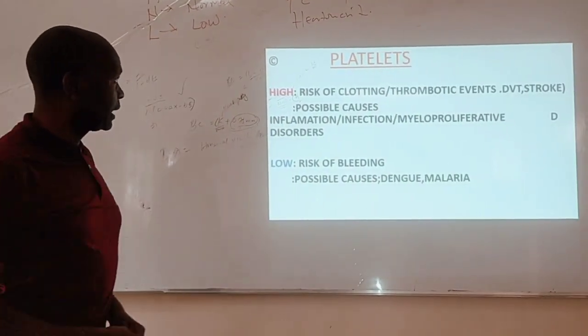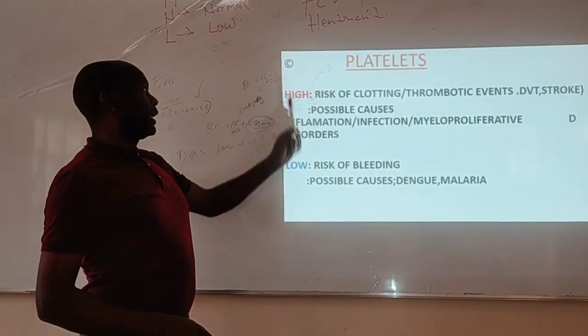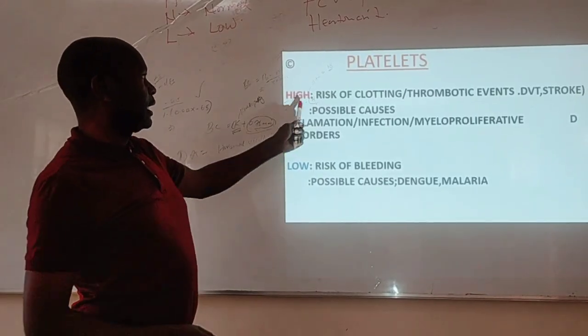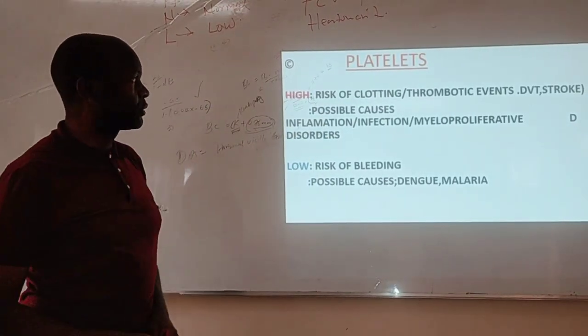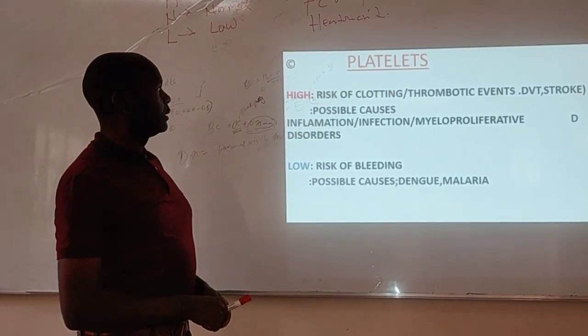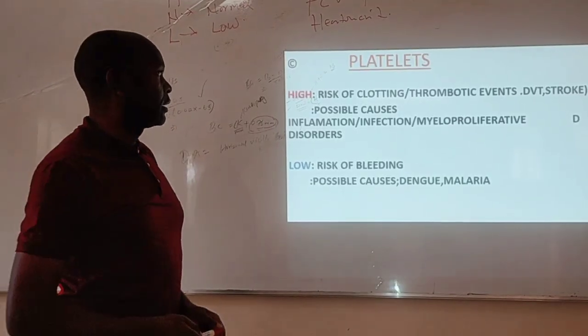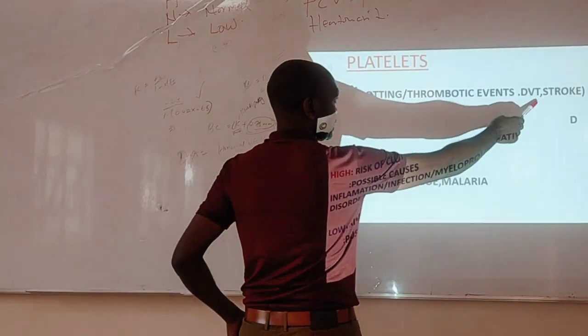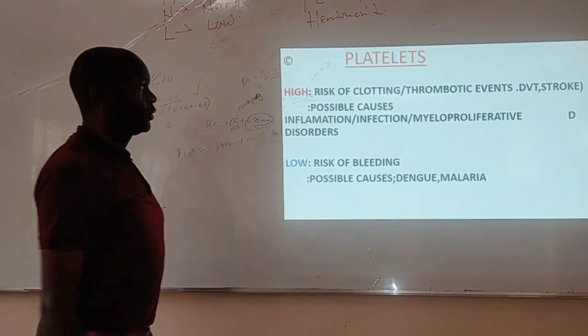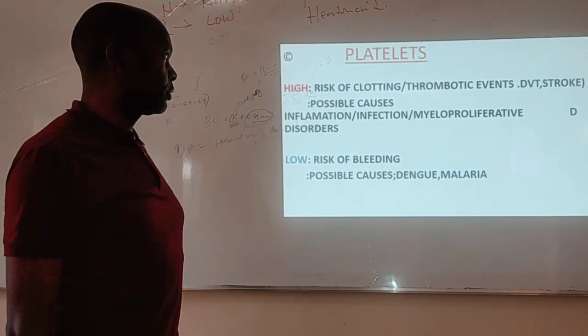So when we look at the platelets, high platelets indicate a high risk of clotting. That condition is called thrombotic events. Among the thrombotic events are DVT and stroke. DVT is just deep venous thrombosis.